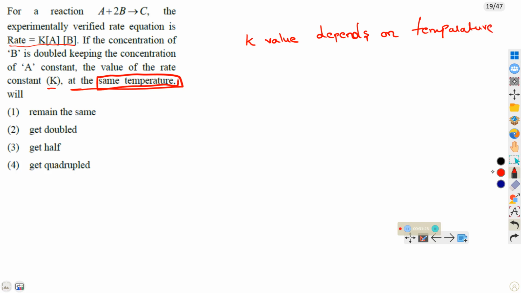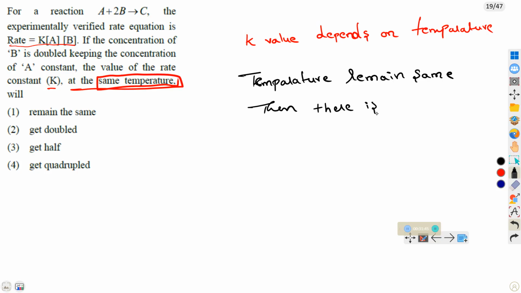Here the temperature remains the same, constant. Then there is no change in rate constant. First option correct.